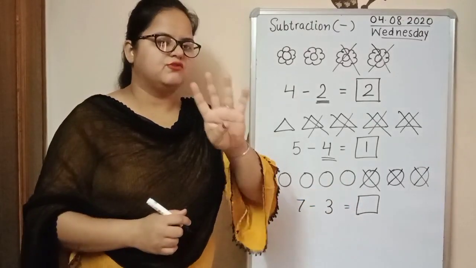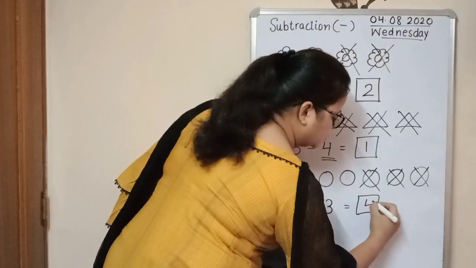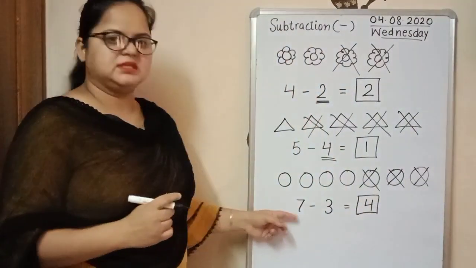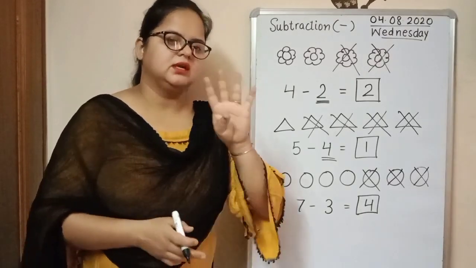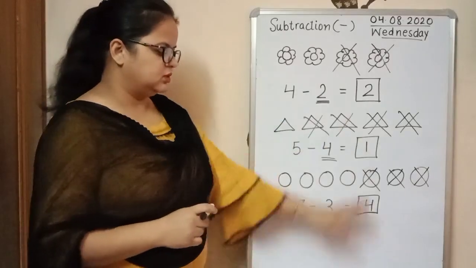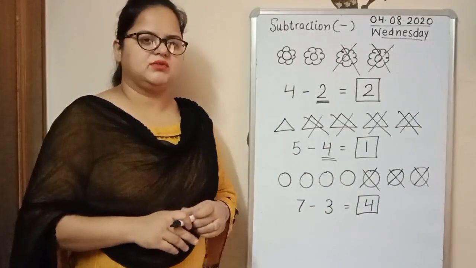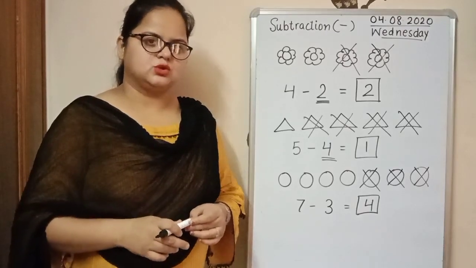We have 4 circles now. So 7 minus 3 is equal to 4. If we take 3 out of 7, then we have only 4 left. Do the same work and then we will do the next sum. Do quickly.